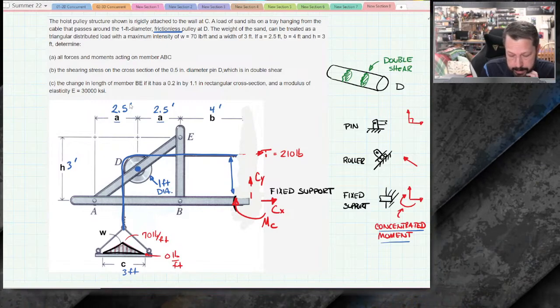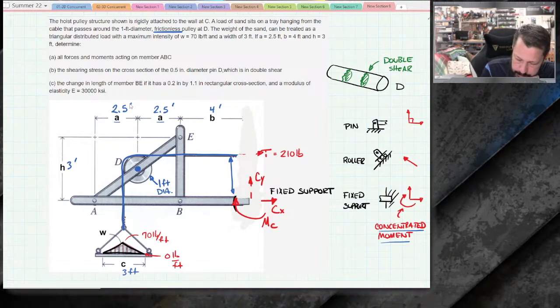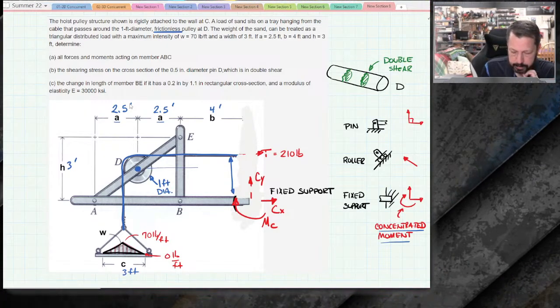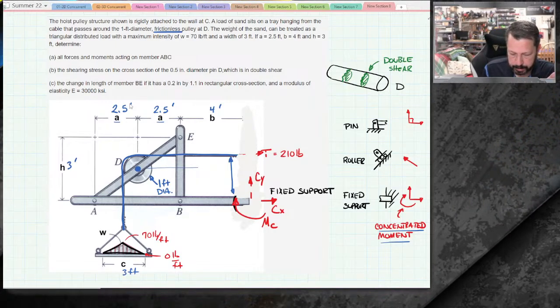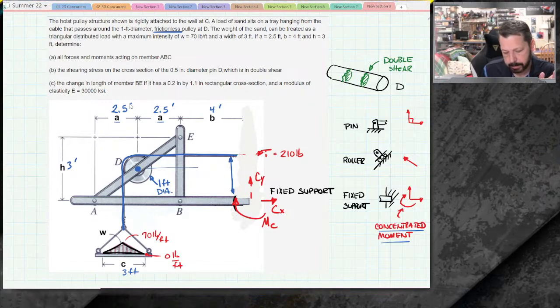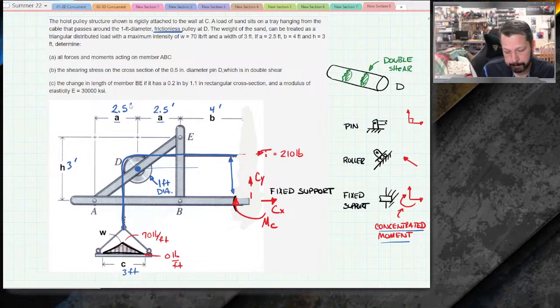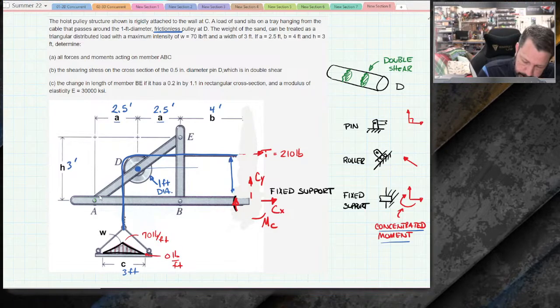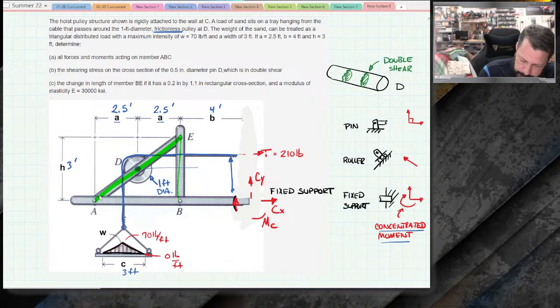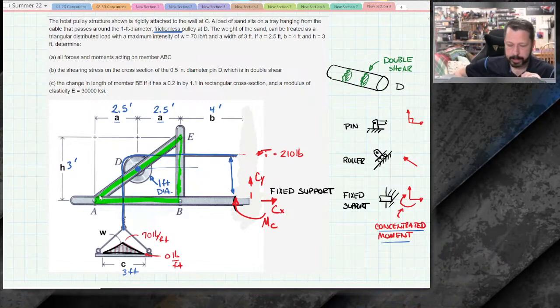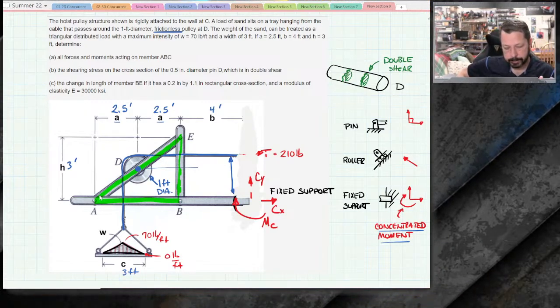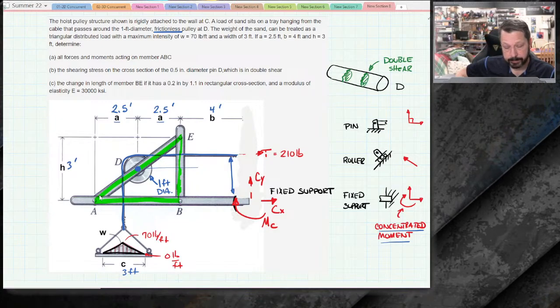They're both A. So they didn't tell me this height, but I know that it has the same ratio as H to A, but H to 2A. So I'm looking at this triangle right here, right? And that triangle has a height of 3 feet and a base of 5 feet.